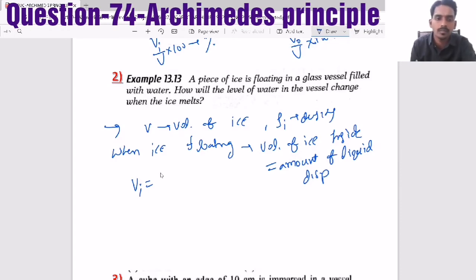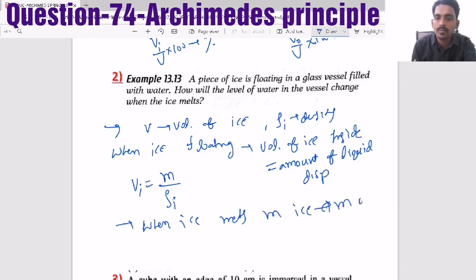How much will it be? Mass by density. Let's take the mass as M and the density as rho ice. Now, when the ice melts, M ice converts into M water.